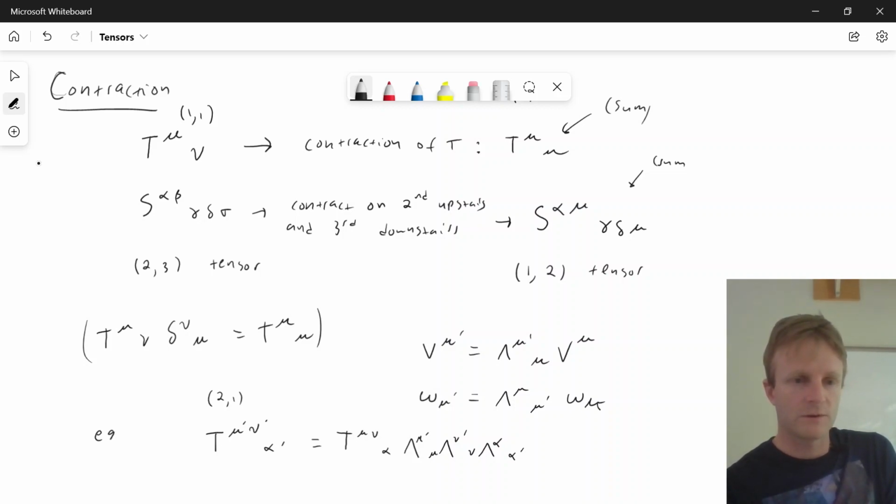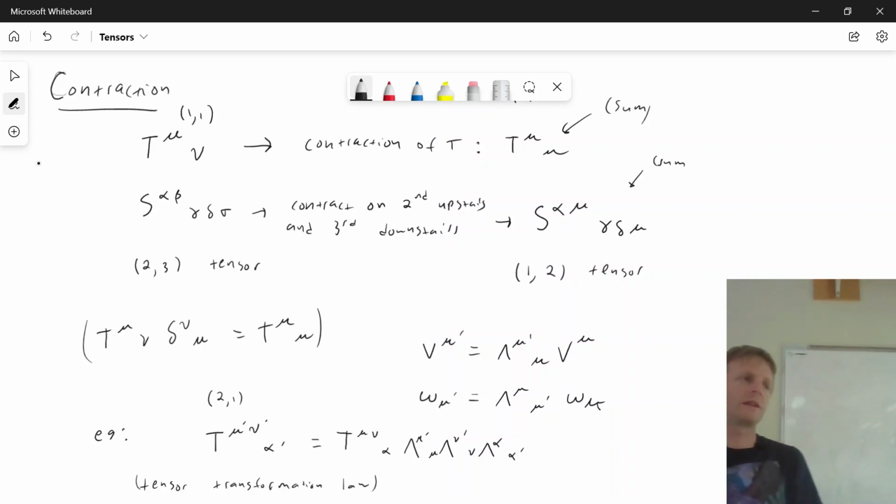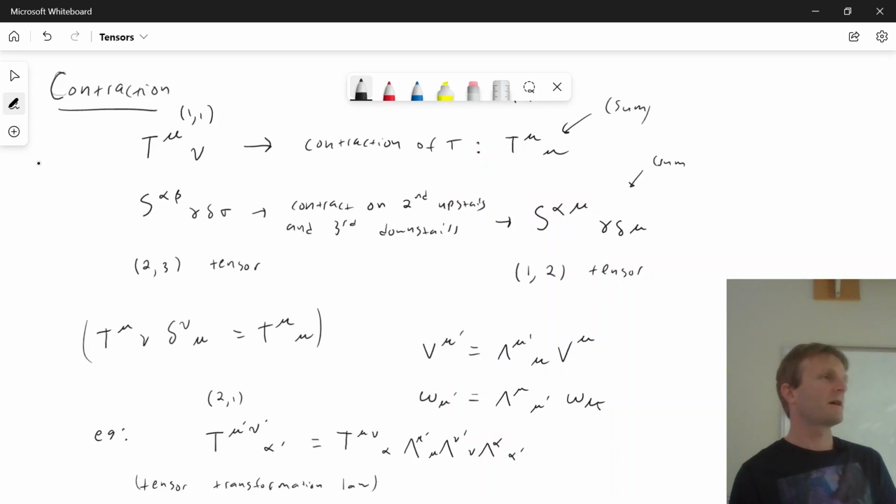OK, so for a general tensor, the rule is the same, right? Each index has a rule that comes from the corresponding rule for vectors and one-forms. And this is called the tensor transformation law. It's important in physics, like in the stress tensor example where you're worried about rotations.